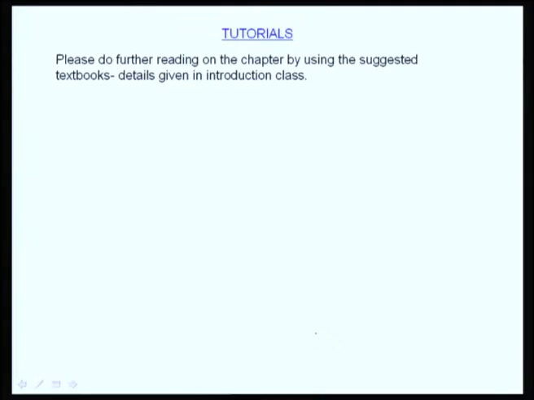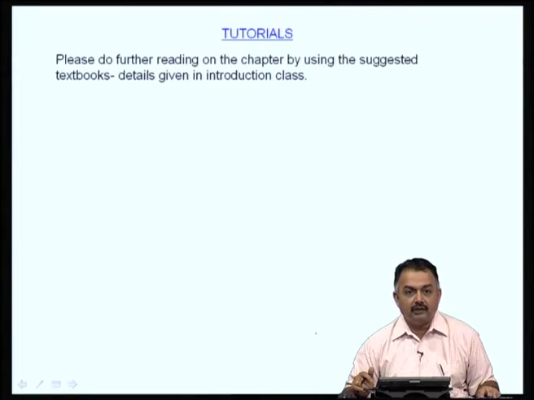The next chapter will be on semiconductor packaging. We have seen semiconductors. We will briefly see what semiconductor fabrication means, what the intricacies involved in semiconductor fabrication are, and we will have a look at an overview of the process. So, please do some reading on this chapter 1 using the suggested textbooks given to you in the first introduction class.